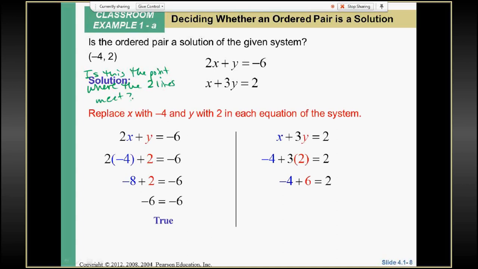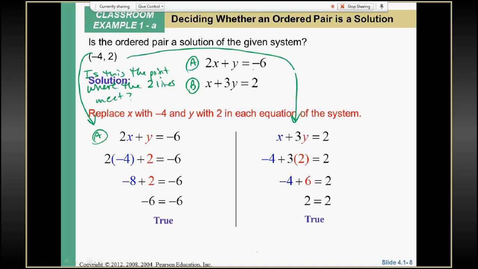I usually call this equation A and this equation B. You put the point -4, 2 into equation A, and into equation B. If it's true for both of them, then your answer is just yes.